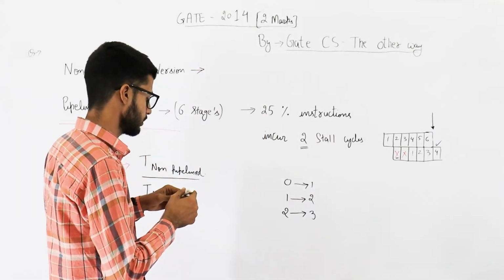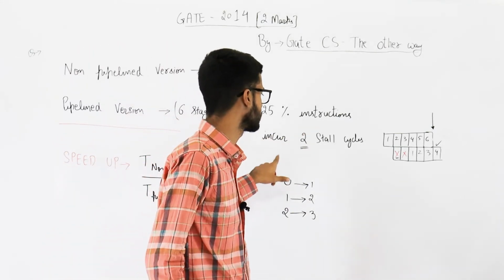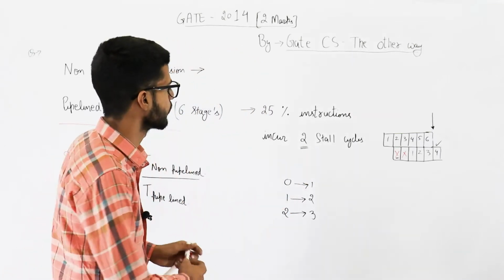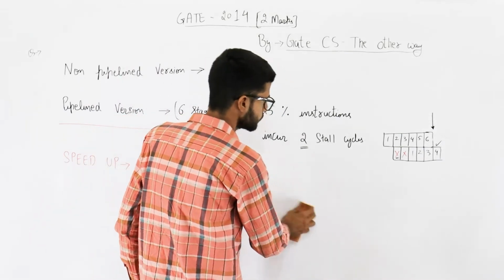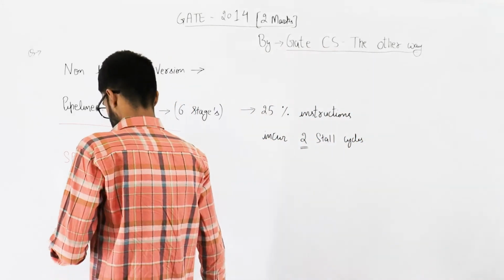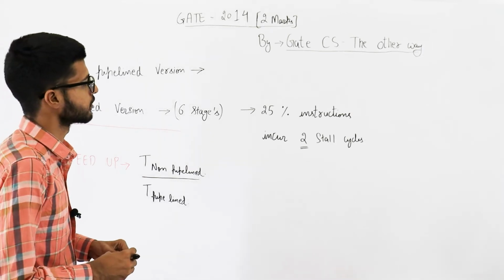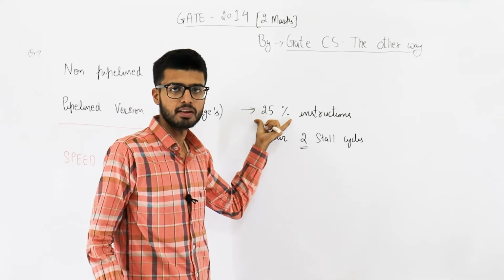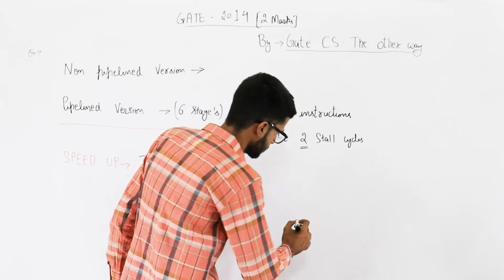Now the question becomes that 25% instructions have a CPI of 3. Instead of saying 2 stall cycles, we have converted into CPI. So because we are assuming ideal conditions, the rest of the instructions, 75% of the instructions, will face an effective CPI of 1. Okay, so let me just write it here.